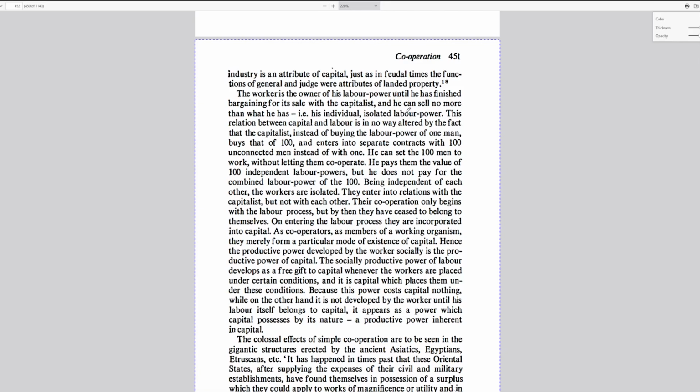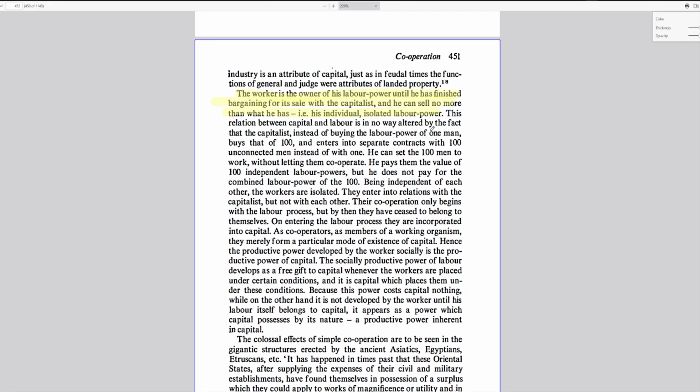He talks about how the worker is the owner of his labor power until he's finished bargaining for its sale. He can sell no more than what he has. So, in other words, one worker is only capable of negotiating for his own labor power.